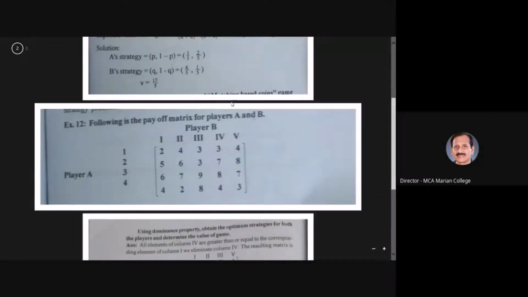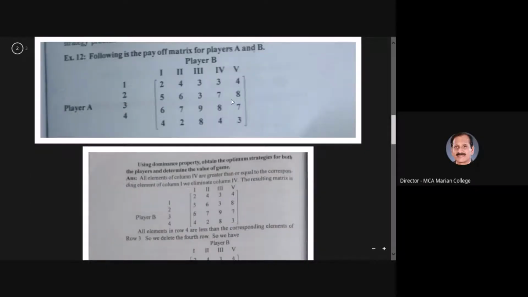Now coming to the dominance property method, I will just give you an idea about the method. This is a problem. Suppose we have 4 rows and 5 columns.